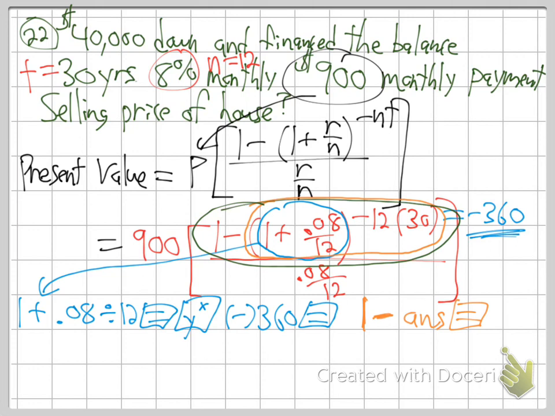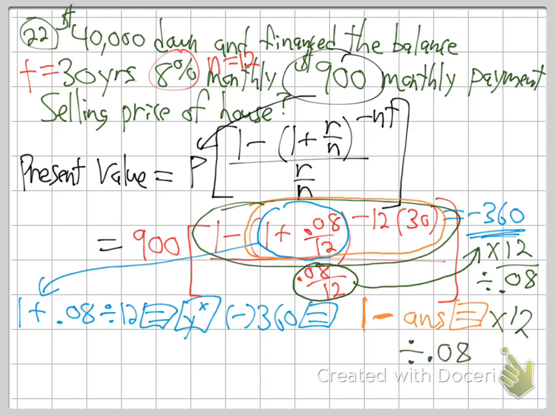We did the 1 minus. Now you've got to take this part and flip it up, because dividing is upside down multiplying, times 12 divided by 0.08. And then don't forget about the 900 in the front. Times 900 equals.